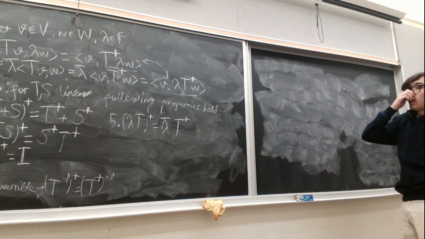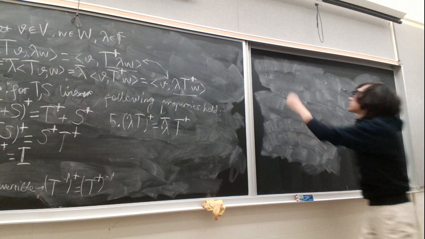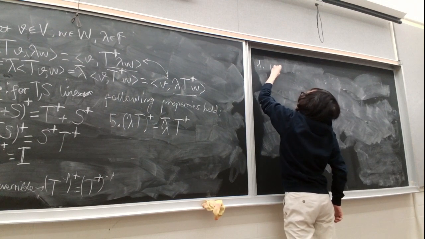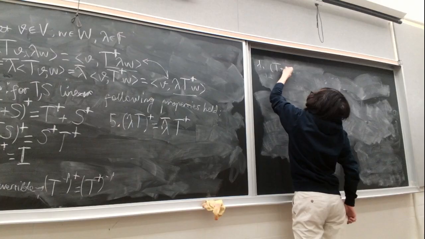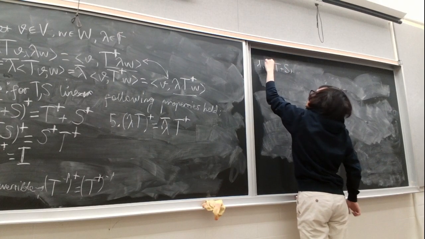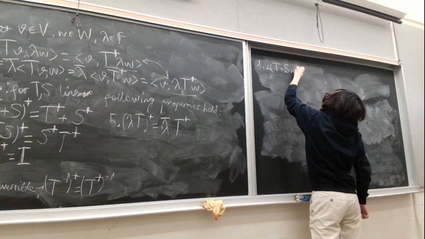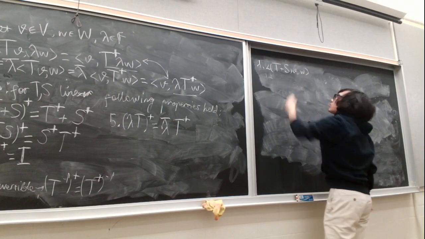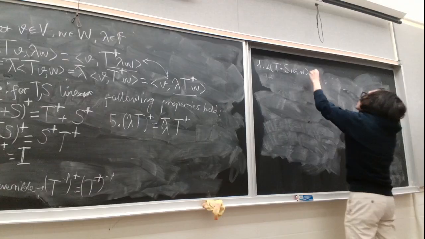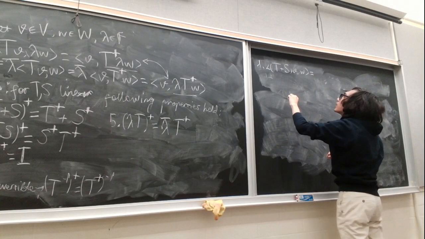So let's do the first one. We take T plus S of V, and W, just like any two vectors.